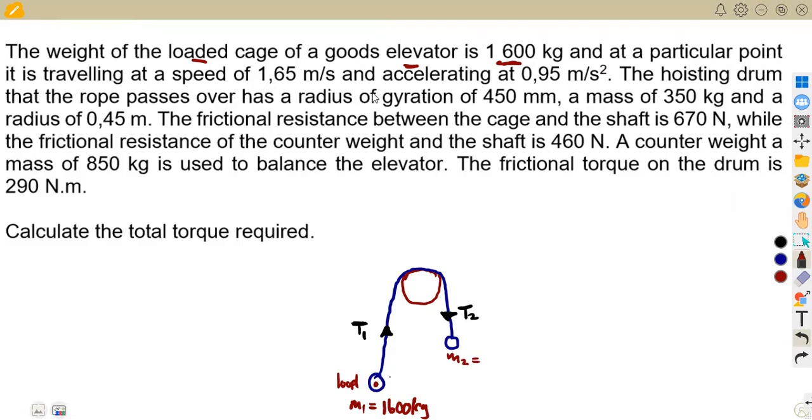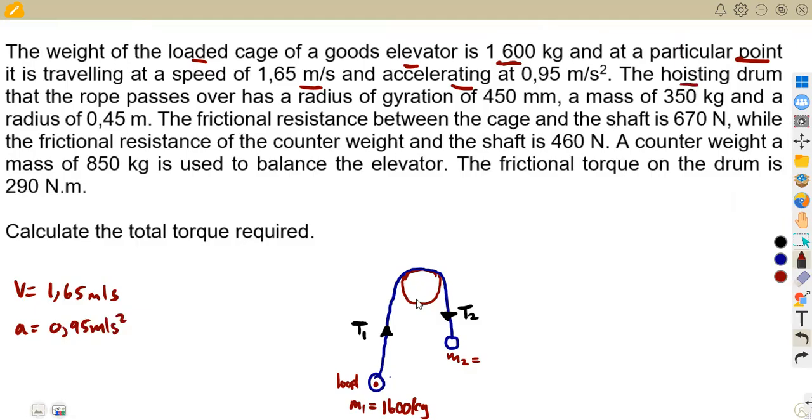So at a particular point, we are given the velocity in meters per second. This is linear velocity. If it is rad per second, it is an angular velocity, but here, meters per second, we are given the linear velocity of 1.65 meters per second, and the acceleration of 0.95 meters per square second.